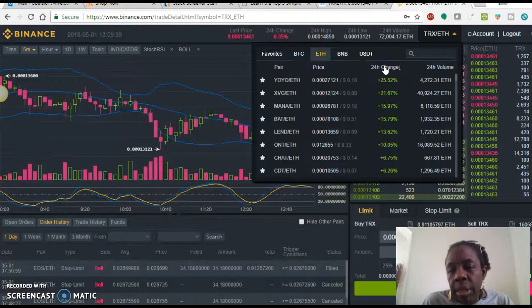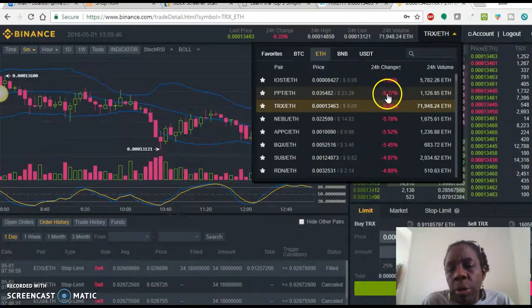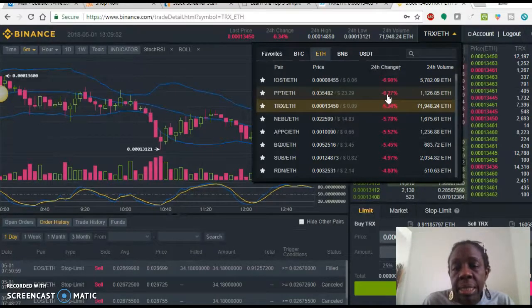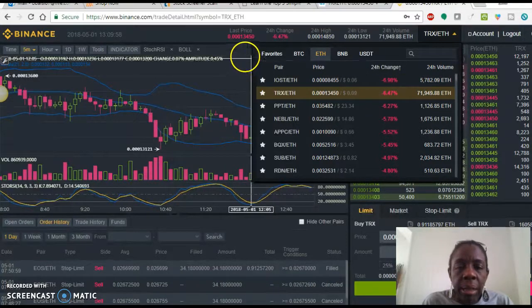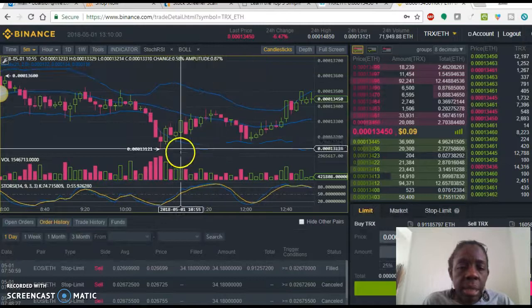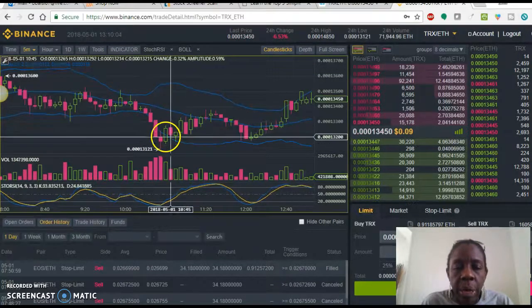So if we click on this again, you kind of want to go for one that is on the low, and well, really what it is, it's dropped 6.27% today. That doesn't mean it doesn't have the potential to rise. It simply means, if you go back to our chart, it's at this low point here where you see the intersection of my white lines.